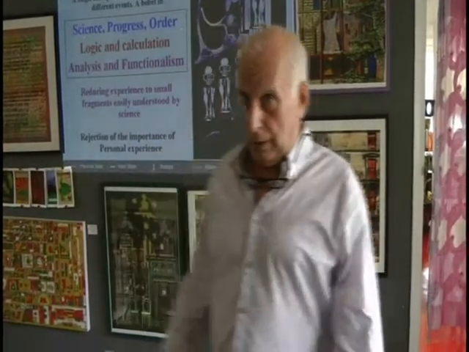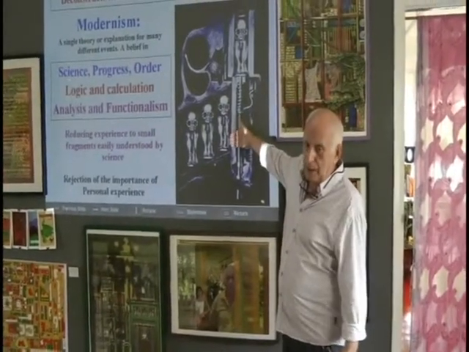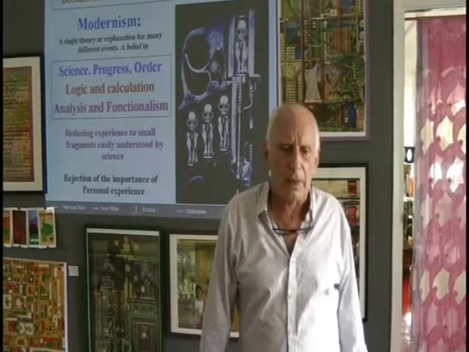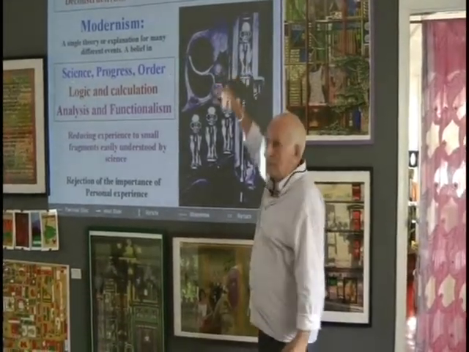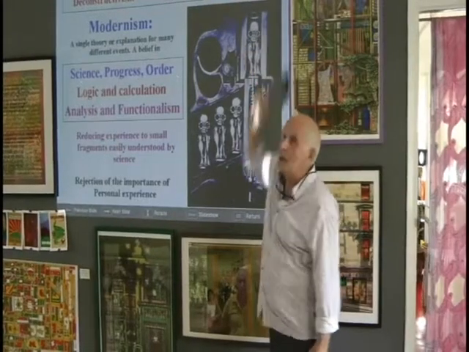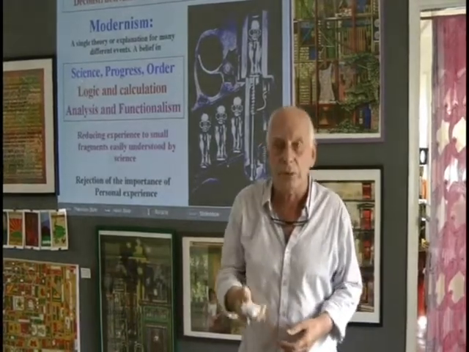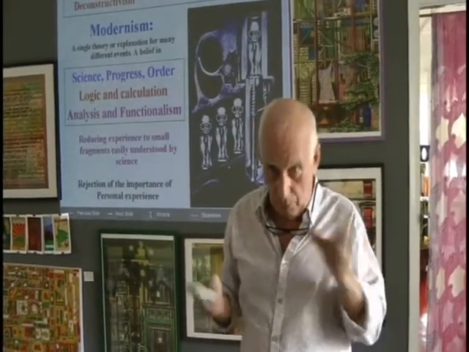phenomena. Okay? This is why I have put up this image by Geiger, the designer Geiger, that shows the machine, namely a gun, okay, and human beings being stacked into the chamber, ready to fire. Right? We're talking about the invention of a machine here, modernism.